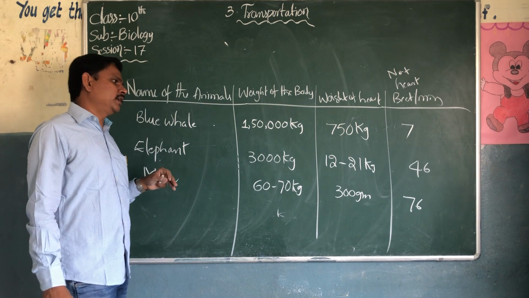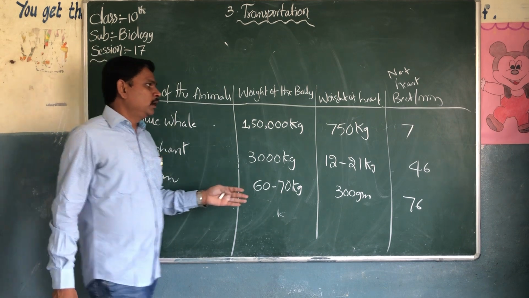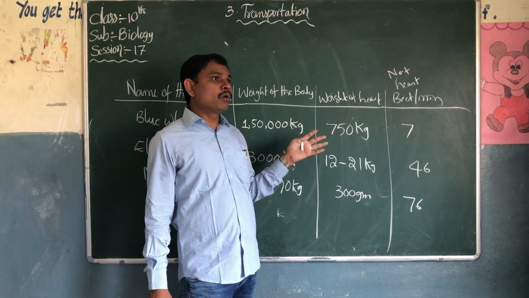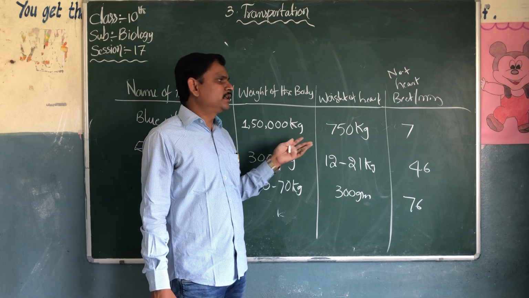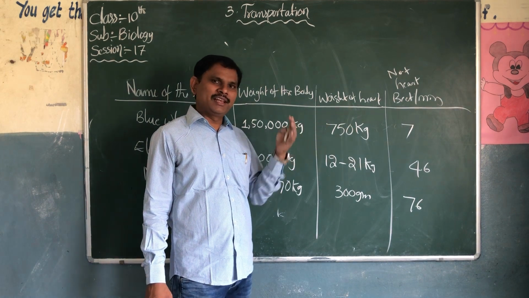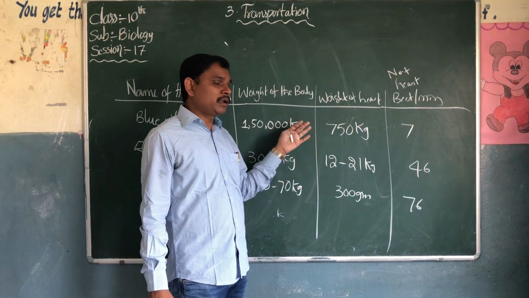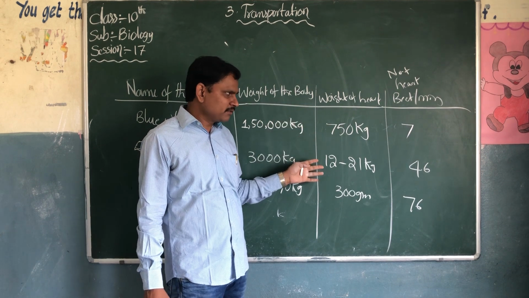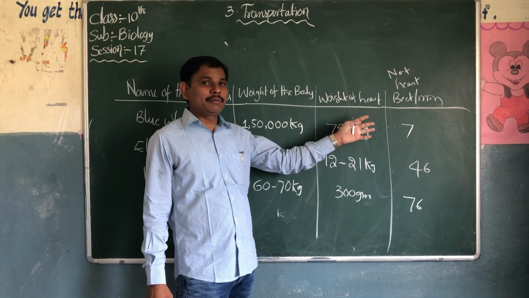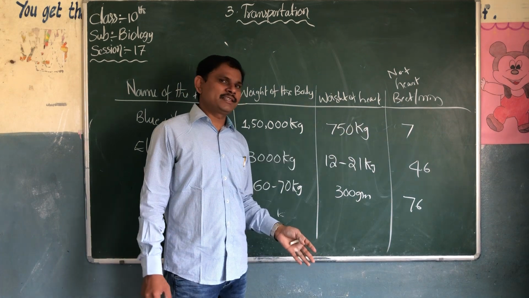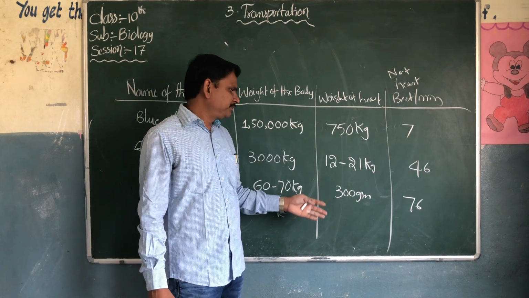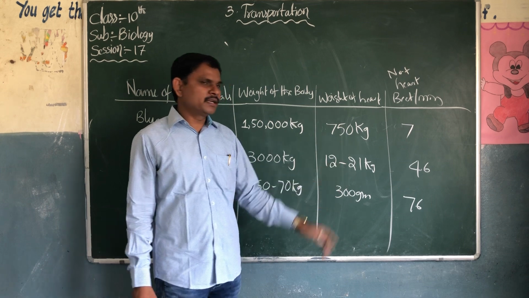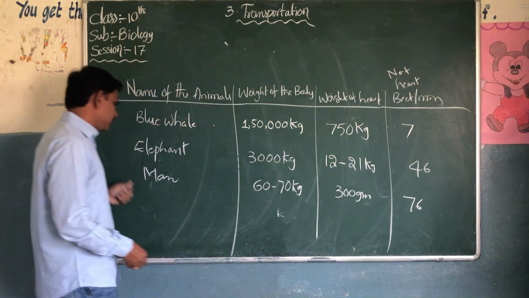What happens here? If the heart weight is more, the heartbeat rate is very low. If the heart weight is decreasing, the number of heartbeats is increasing. 300 grams and 76.